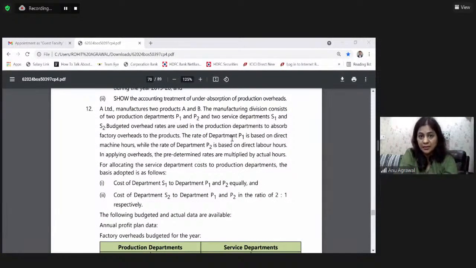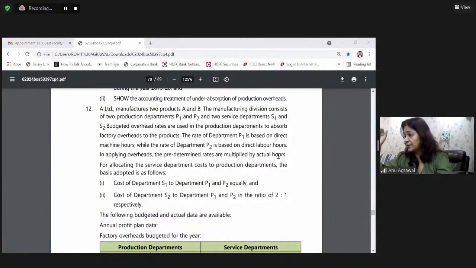They are very clear that budgeted overheads are used in the production department to absorb factory overheads to the product. So we will have budgeted overhead divided by whichever method we use for absorbing overheads. The rate of department P1 is on the basis of machine hours and P2 is on the basis of direct labor hours.